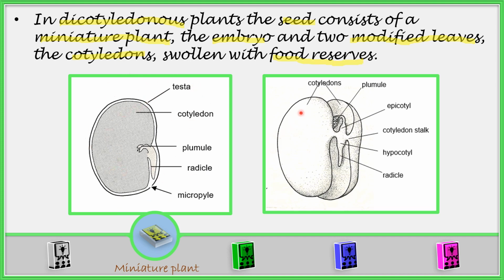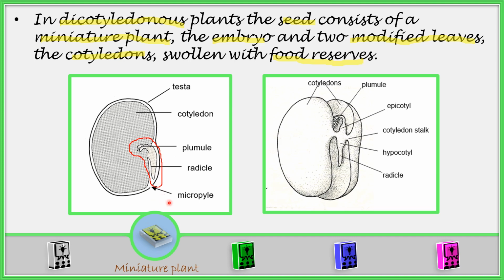This is half a cotyledon. These are two cotyledons with the tester removed. They consist of a miniature plant. A miniature plant is this one we have, like the embryo. It is a plant, but very miniature, very small. And it is the embryo.